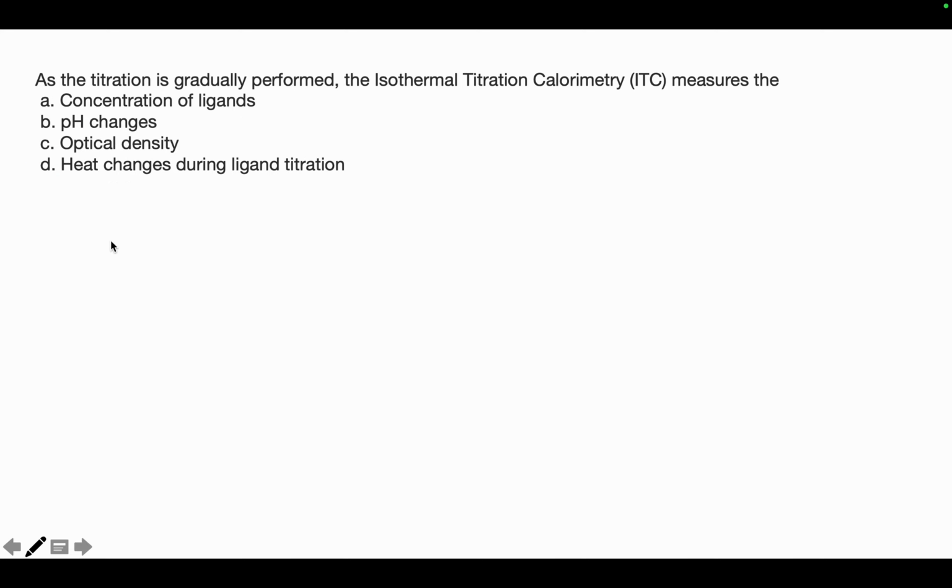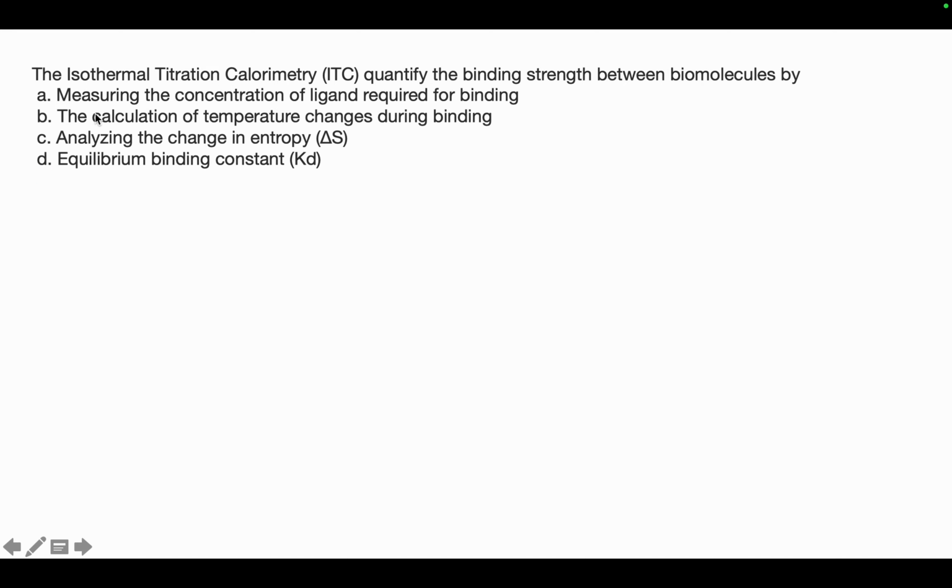As the titration is gradually performed, the ITC measures the heat changes. So it essentially measures the heat changes. It does not measure pH, optical density, or concentration. ITC quantifies the binding strength between the molecules by measuring the equilibrium constant, that is Kd.